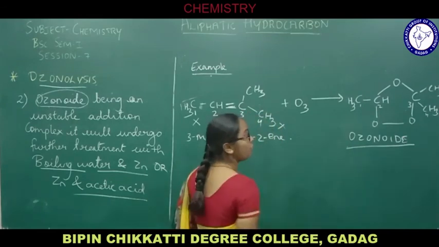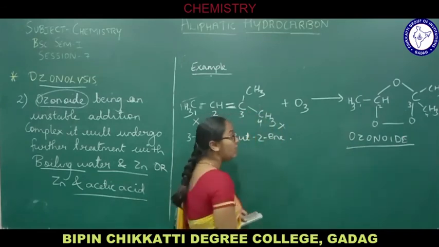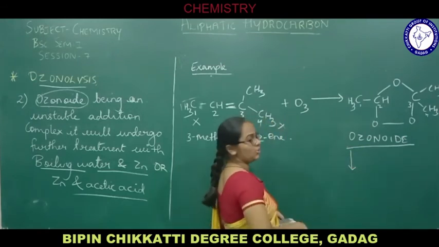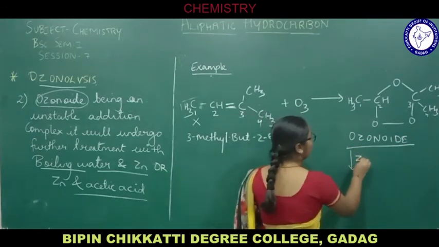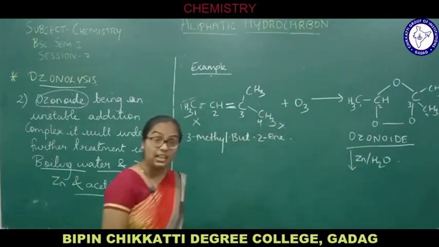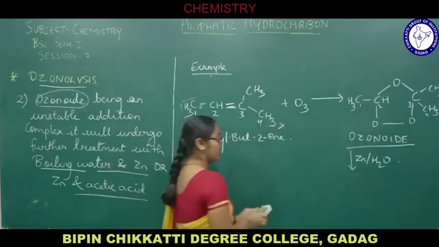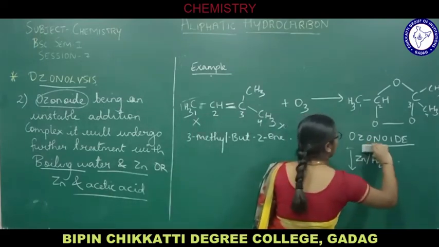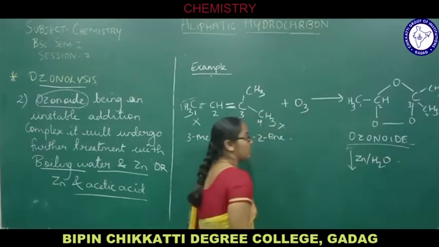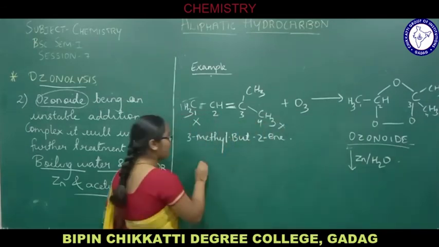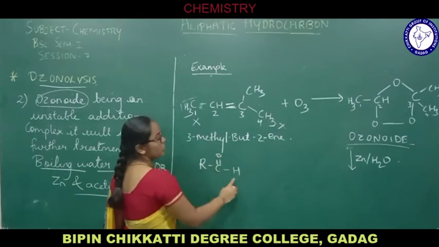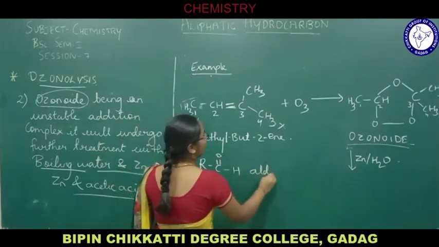Now this ozonoid which has been formed over here is unstable, so it will undergo further reaction with zinc and boiling water to give the carbonyl compounds, basically 2 carbonyl compounds. The first one is called an aldehyde.